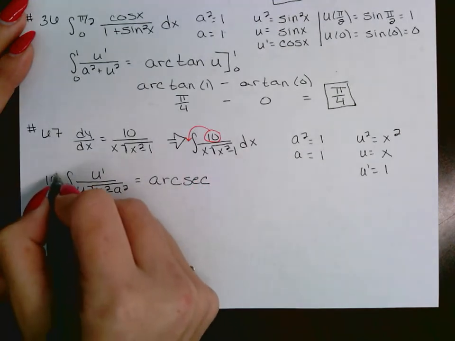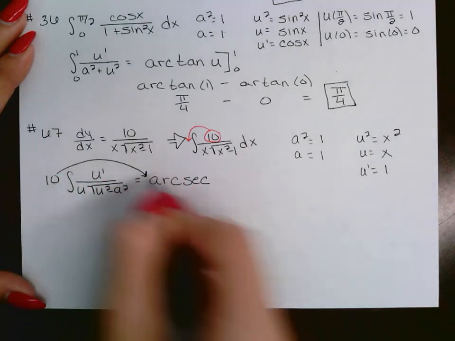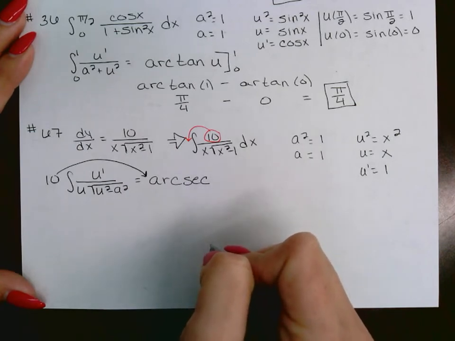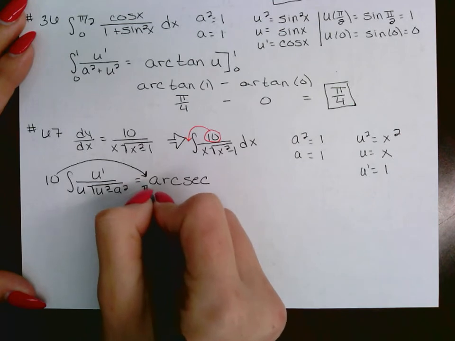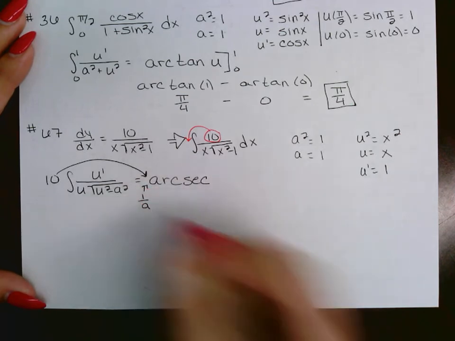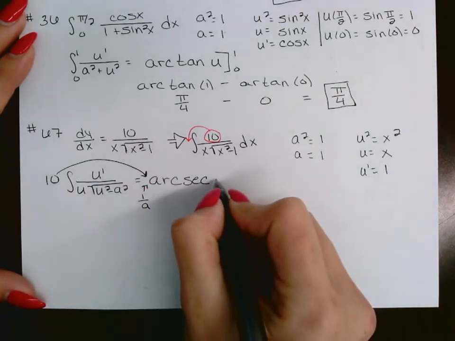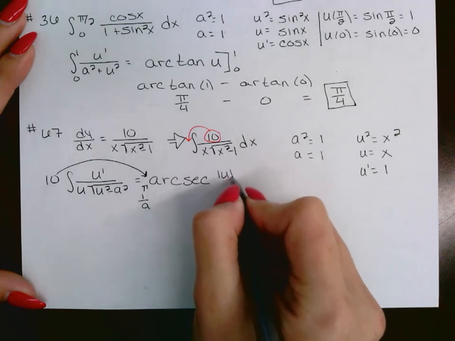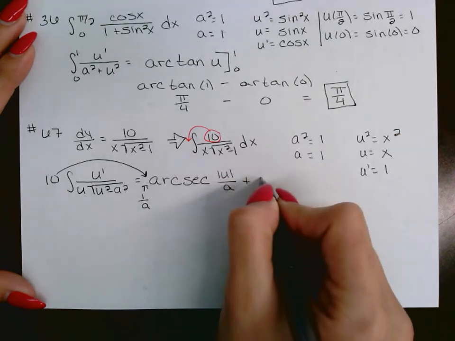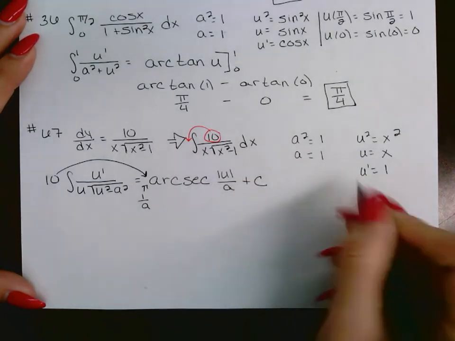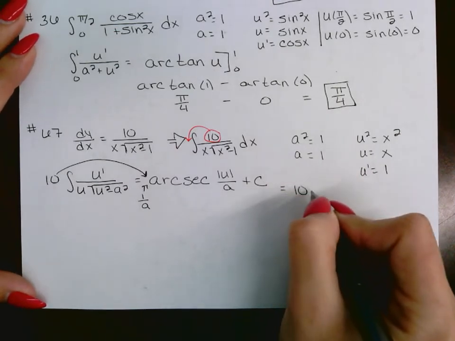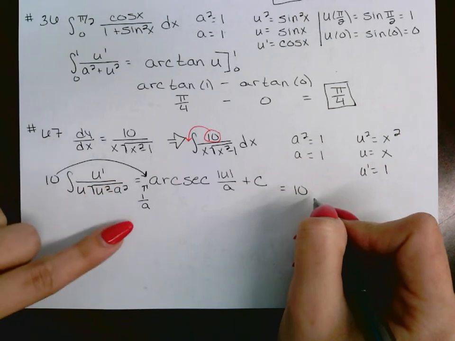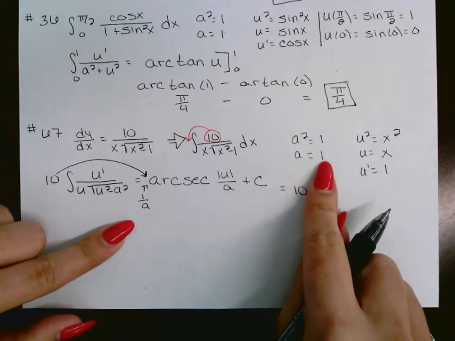I forgot to put my 10 over there. I'll move my 10 now. Okay. Oh, and I made another mistake. I have to do times a 1 over a. I forgot my arc secant had that. Times the absolute value of u over a plus c. Okay? So this should look like 10 times 1 over a would be 1 over 1.